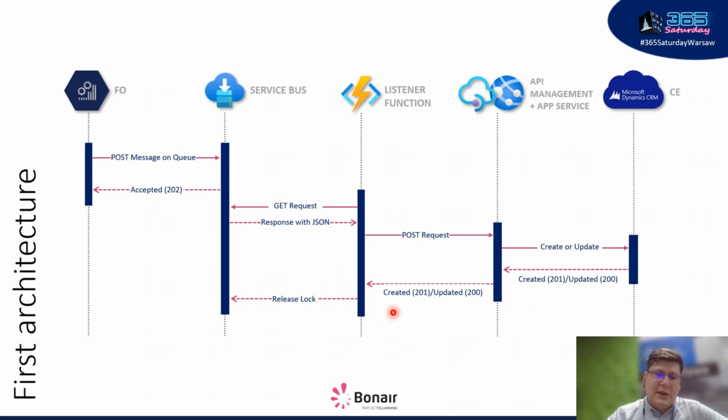App service sends it back to the listener function, and the listener function can release the lock on this message on service bus. It's just our first architecture. We decided that the reliability of this architecture is good enough, and it's not too complex at the beginning.